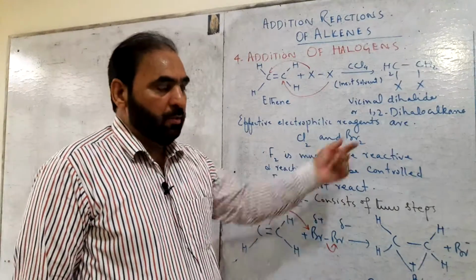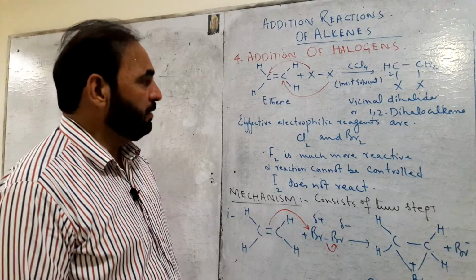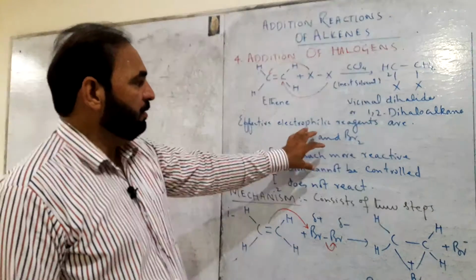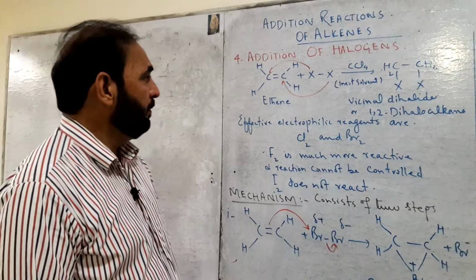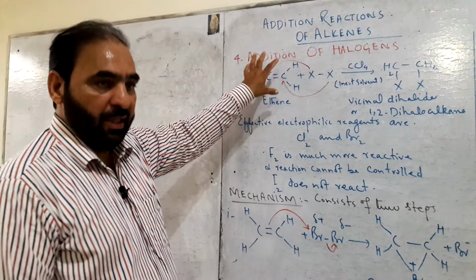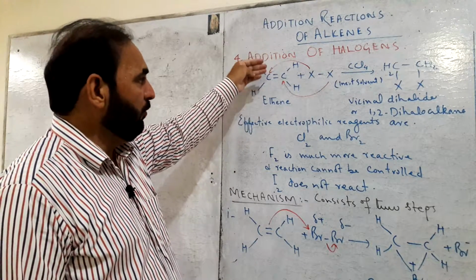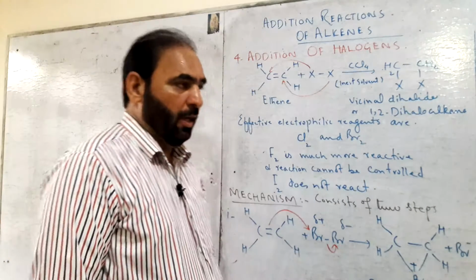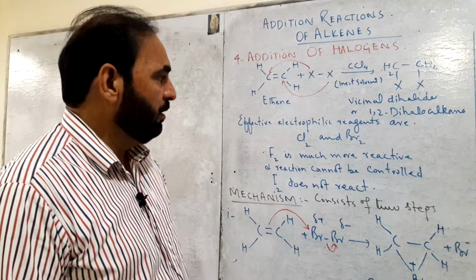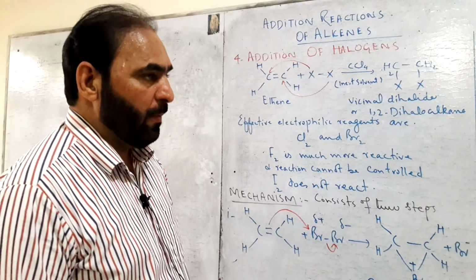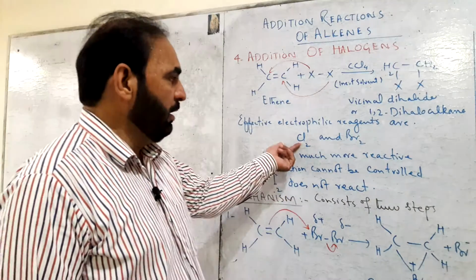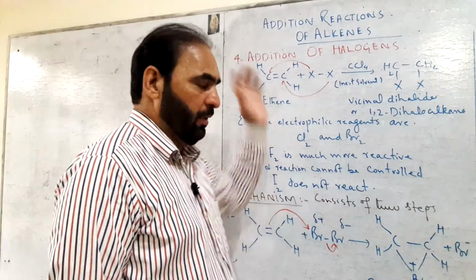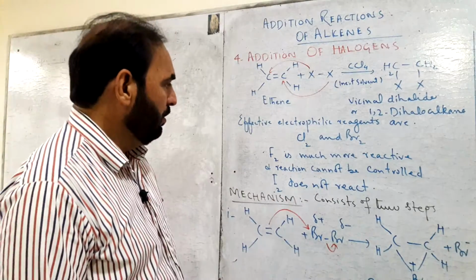Chlorine and bromine act as efficient electrophilic reagents for ethene. Ethene is a nucleophile, and a nucleophile has to react with an electrophile. And the electrophilic reagents in the halogen family are chlorine and bromine for ethene or any other alkene.